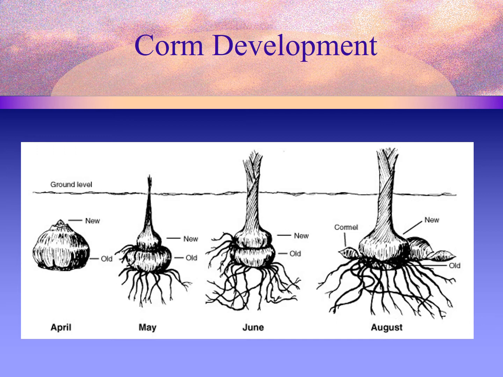That new corm is forming because it is storing all those sugars that the leaves are making during photosynthesis. And then finally by August, the old corm that you planted in the fall has shriveled up. The new corm has developed on top of it, and now it is fully formed. Then there are some interesting little structures that develop between the old and the new corm. These are called cormels. Think of a cormel as sort of being a baby corm.